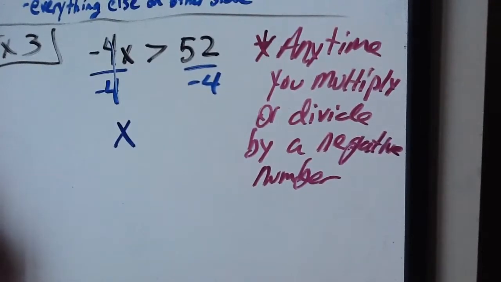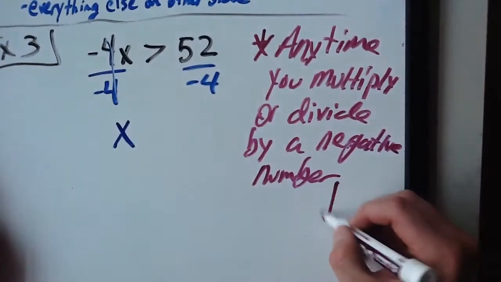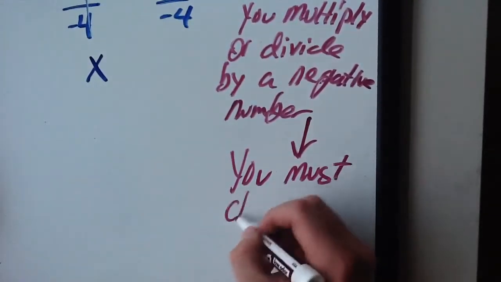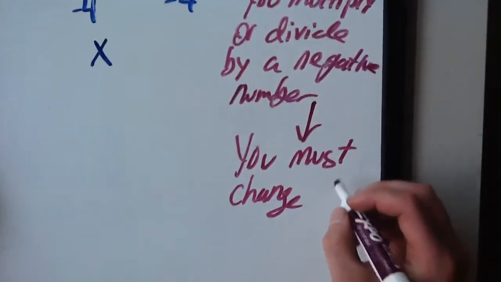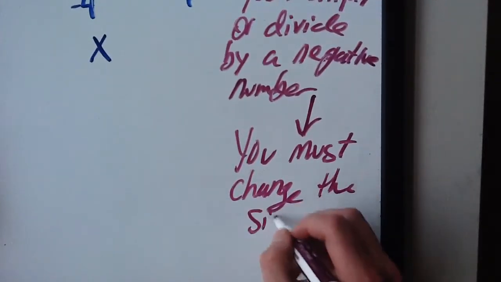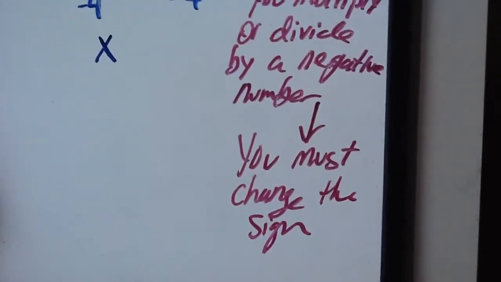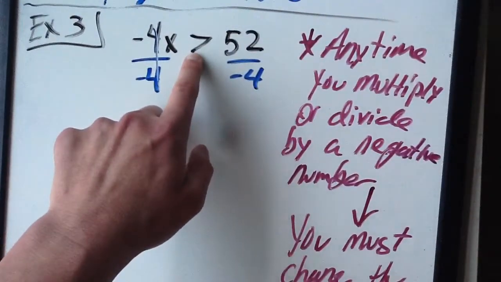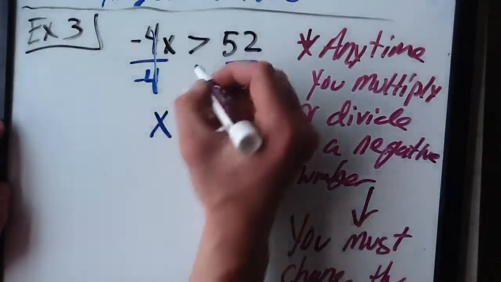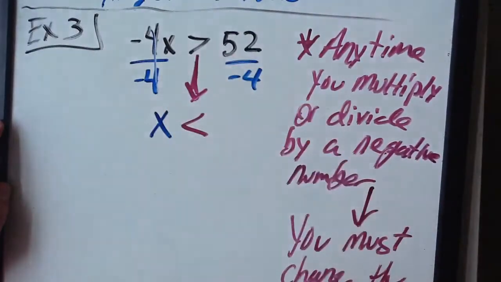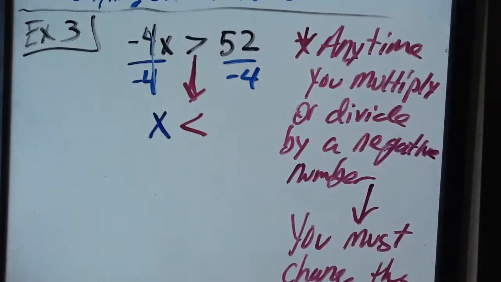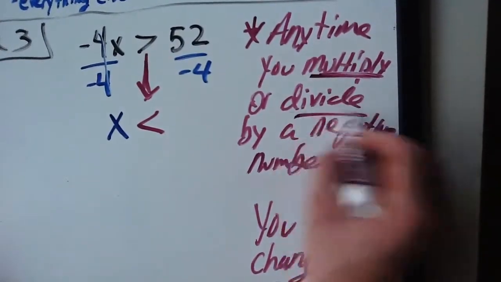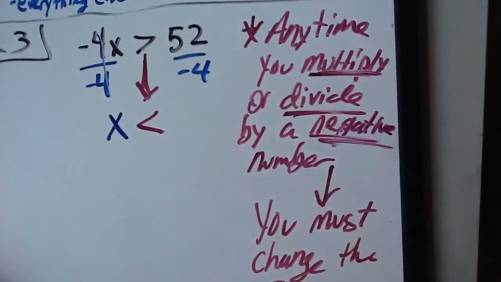So anytime you multiply or divide by a negative number, you must change the sign. You must change the direction of the sign. So here I divided by negative 4, and so instead of being a greater than sign, I got to change it to a less than sign so that the inequality remains true. Okay? You change it anytime you're multiplying or dividing by a negative number.